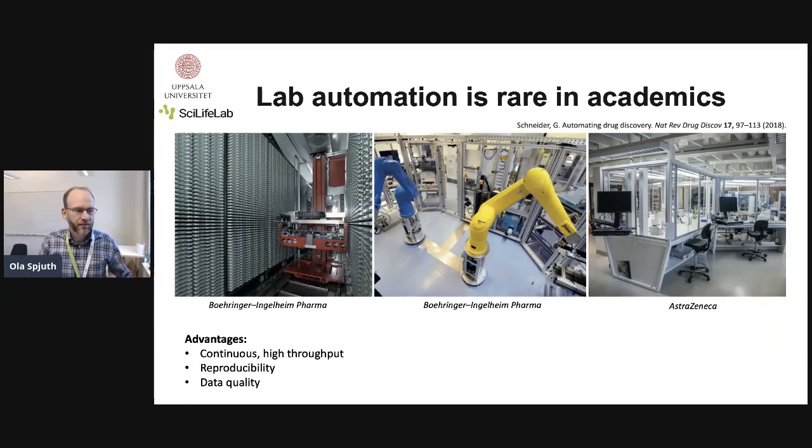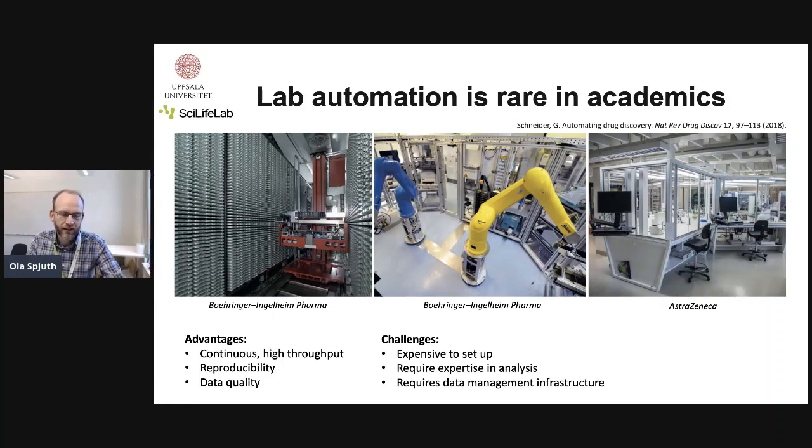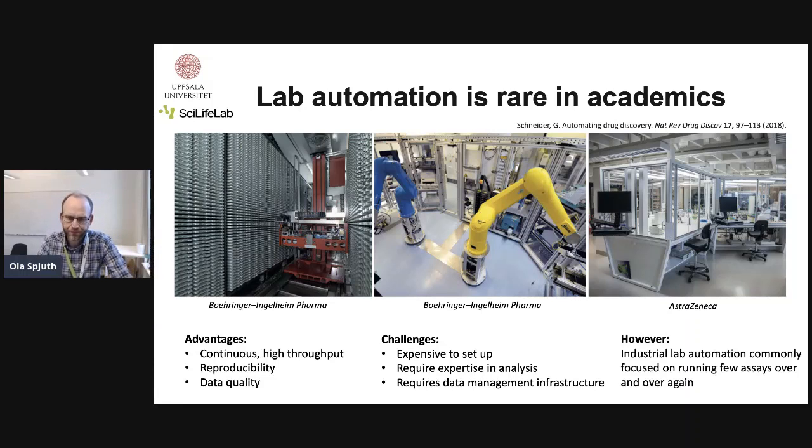There are advantages in high throughput, reproducibility, and hopefully also data quality, but there are also some challenges. It can be expensive, as I said, and you also need quite some expertise in analysis and data management to be able to use lab automation in your research.